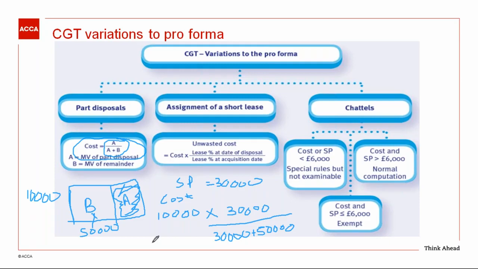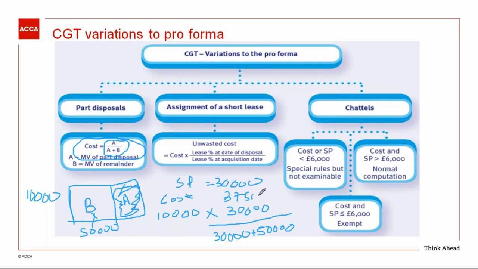You get 3,750. So the cost attributable to part A is 3,750.